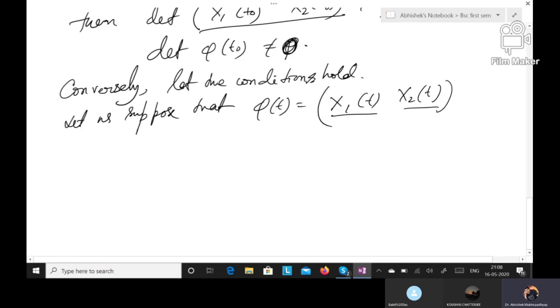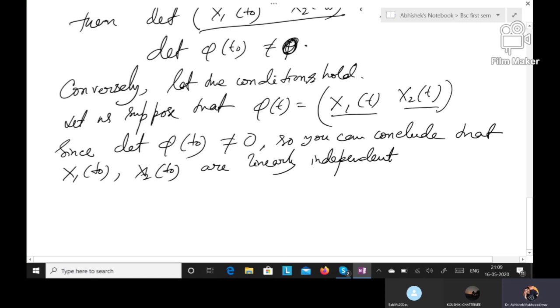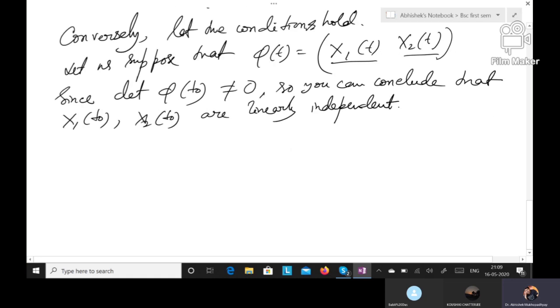Now from the second condition, since the determinant of phi at t0 is not equal to 0, you can conclude that x1 t0, x2 t0 are linearly independent. So it remains to show that these two column vectors are solutions of the system.